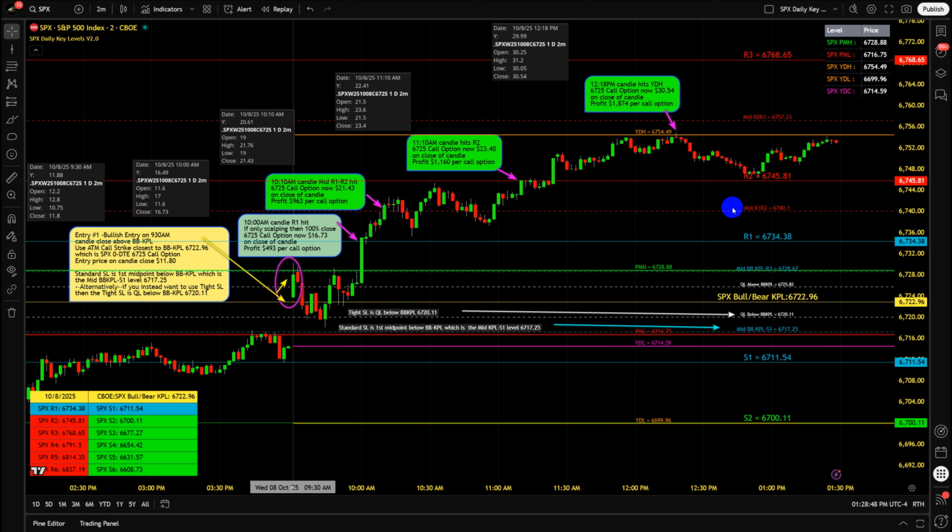This indicator can also go up to 10 levels above, R1 through R10, and 10 levels below, S1 through S10, for days that we have extreme volatility, which we have not had in a while, but we did experience during the COVID pandemic and at other times when we've had major news.